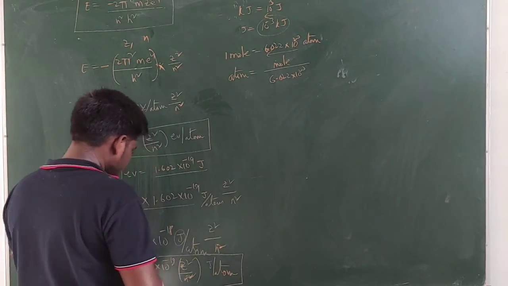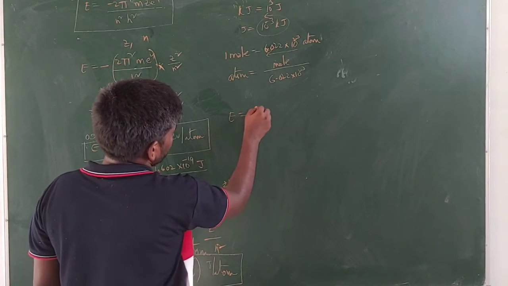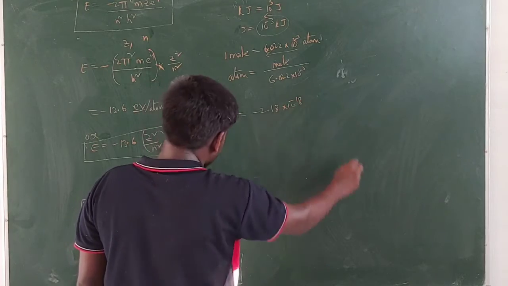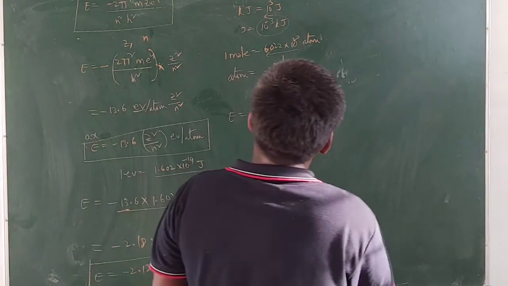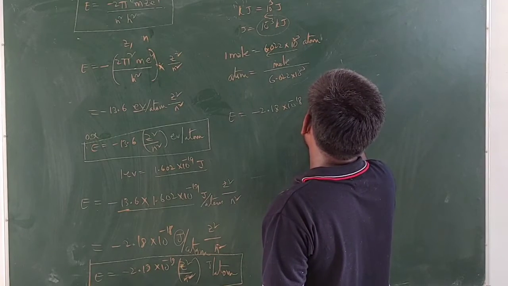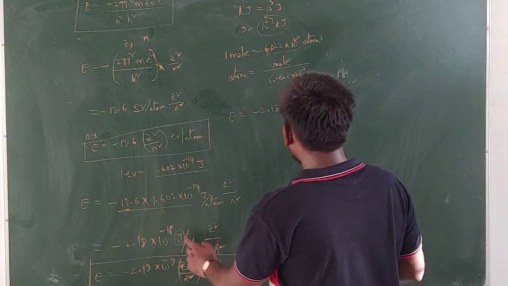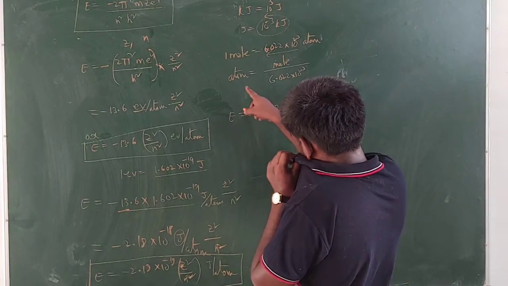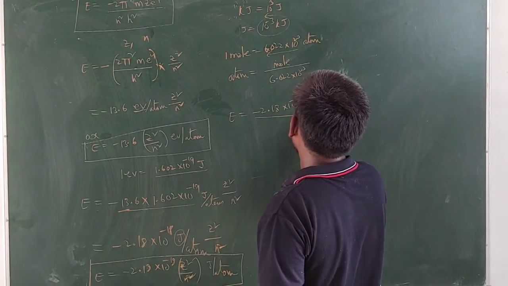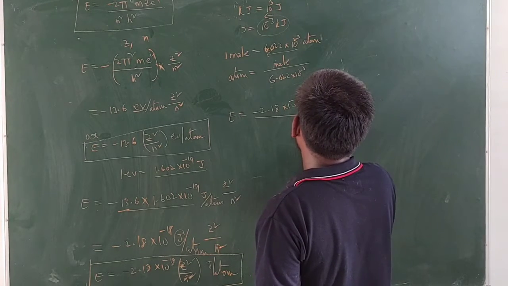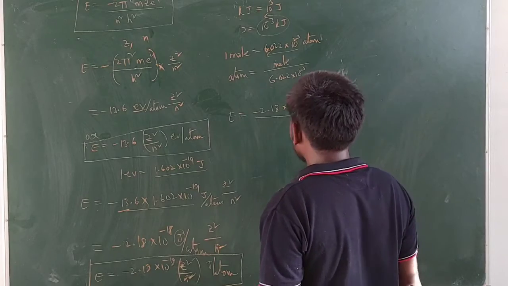So now if you write this equation, the energy of electron equals minus 2.18 into 10 power minus 18. So instead of joule you can take into 10 power minus 3 kilojoule. We have atom means this one, mole by 6.022 into 10 power 23.